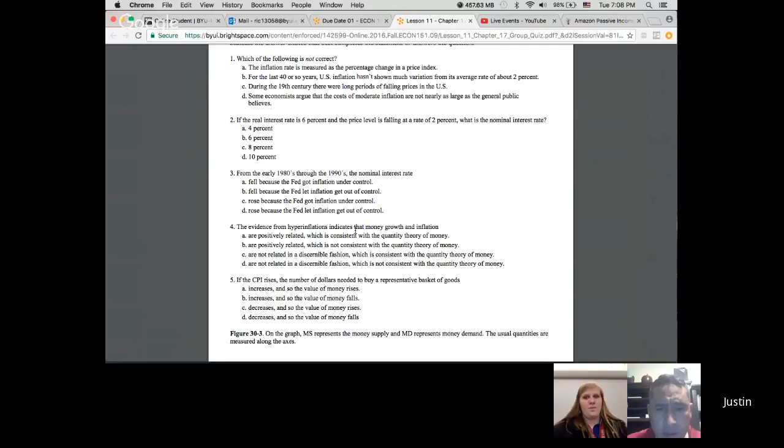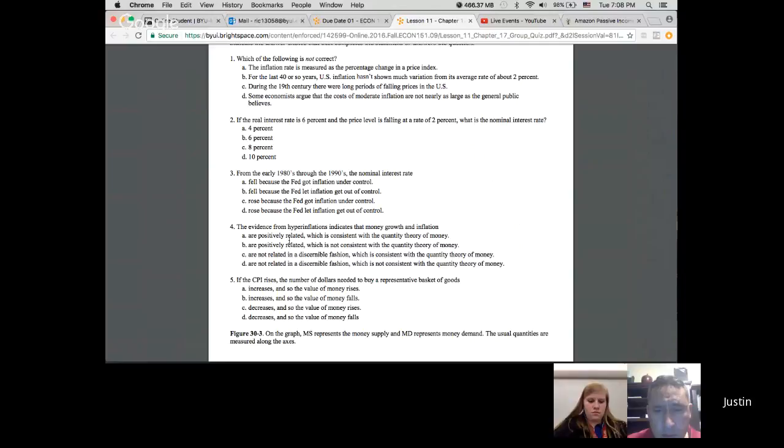It says that the growth rate of the quantity of money available determines the inflation rate. So in hyperinflation, if the amount of money grows, inflation will also grow. Absolutely. Positively related. Yep.